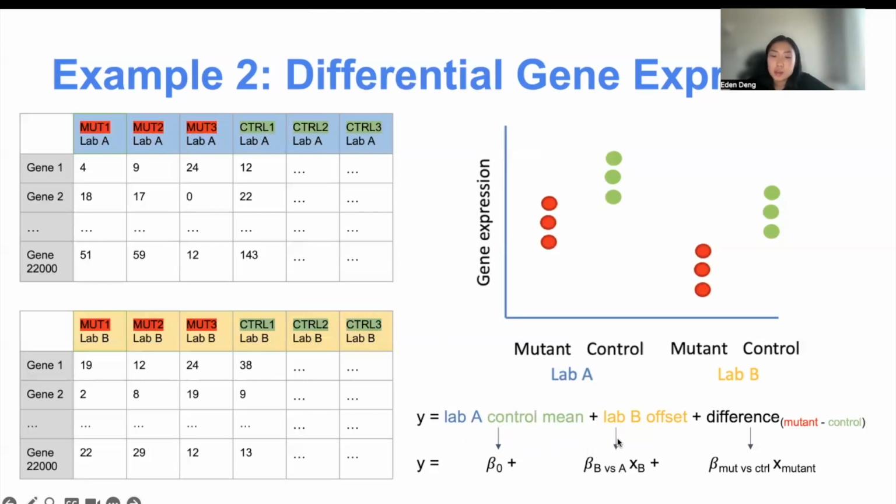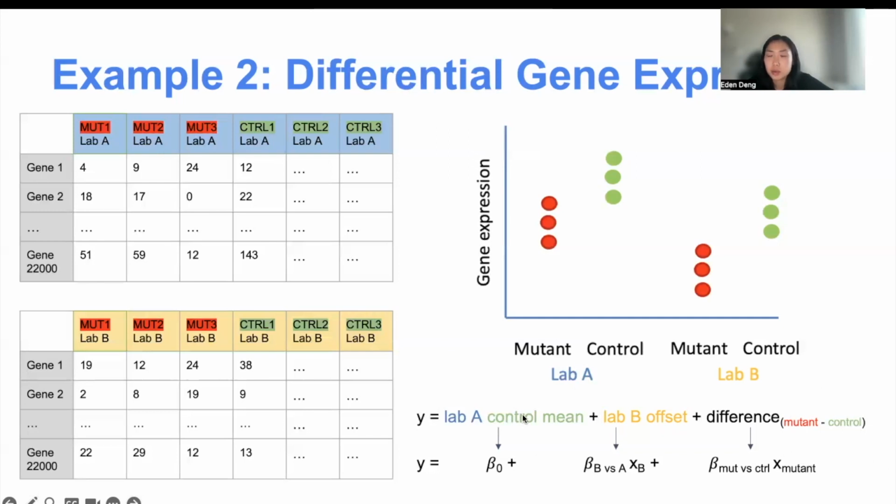Then the effect of lab B relative to lab A, we'll model that with a beta coefficient in front of an indicator variable that is equal to 1 if the sample is in lab B and 0 otherwise. And likewise, we can model the difference between the mutant and the control samples with a second term, so another coefficient and a second indicator variable that is equal to 1 if the sample is a mutant and 0 otherwise.